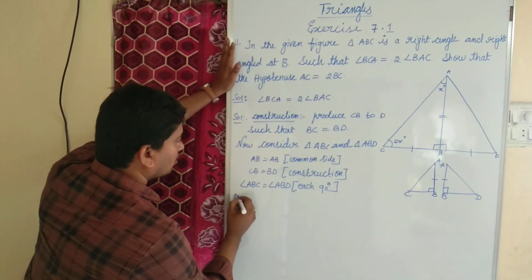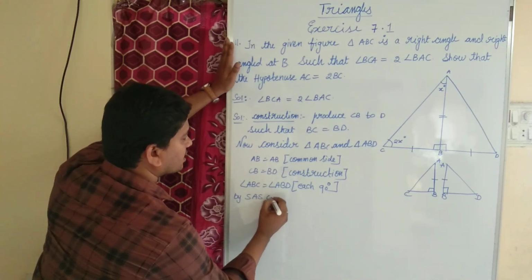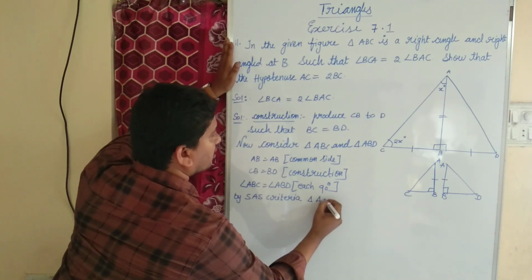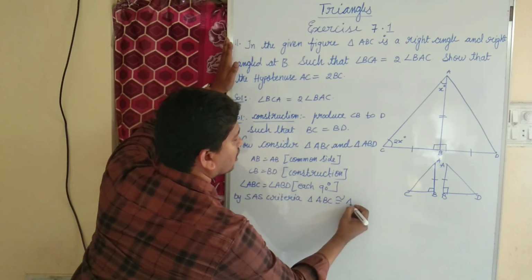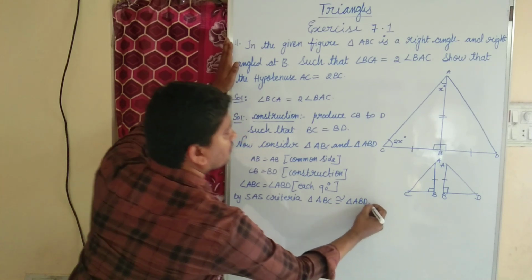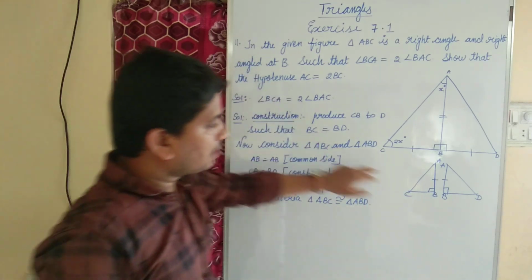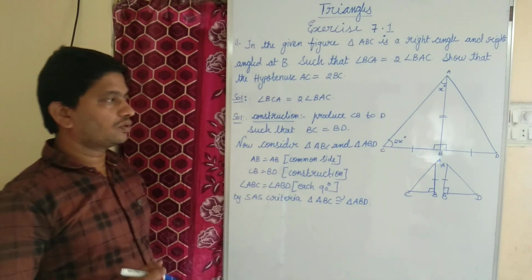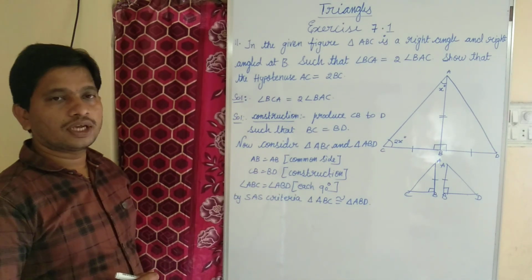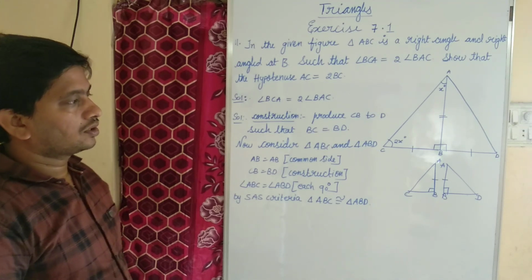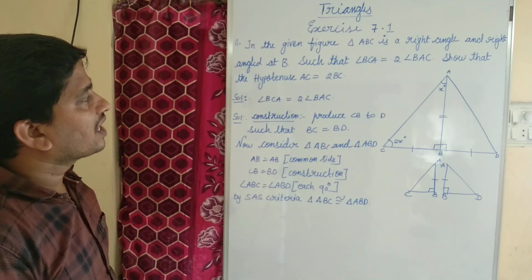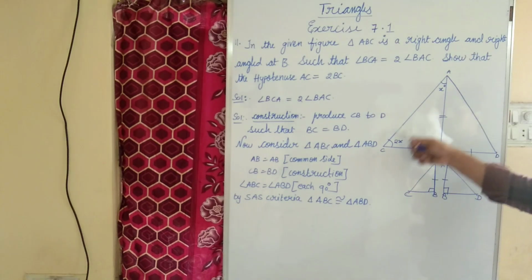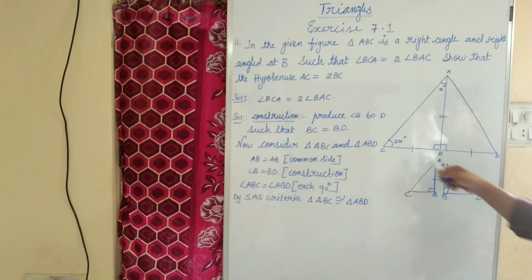Therefore, by SAS criteria, I can say that triangle ABC is congruent to triangle ABD. These two triangles are congruent, we proved. Now, actually, we have to prove that AC equal to 2 times BC.